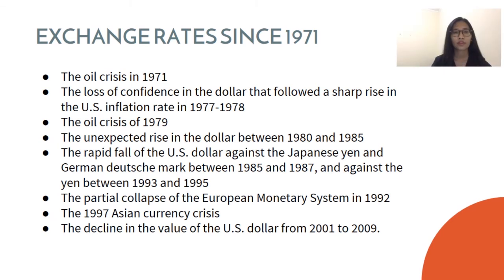The next factor is that, despite a deteriorating balance of payments picture, the value of the dollar rose unexpectedly between 1980 and 1985. This happened because strong economic growth in the US attracted heavy inflows of capital from foreign investors. High real interest rates attracted foreign investors seeking high returns on financial assets.